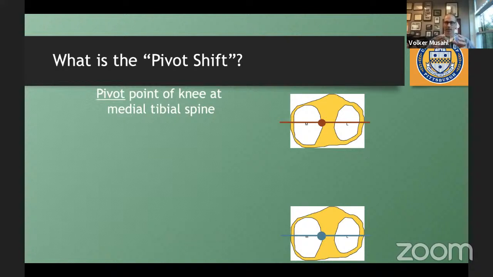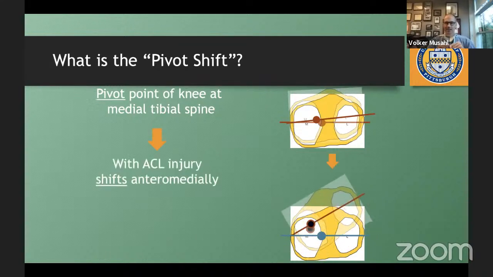And depending on how your bony morphology is, we all have different morphologies of our knees, that point may be more or less medial. When you tear your ACL, the knee translates anterior. When you tear your ACL, that pivot point shifts to a more anterior medial location.